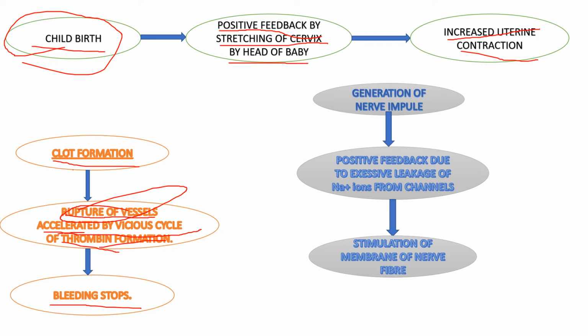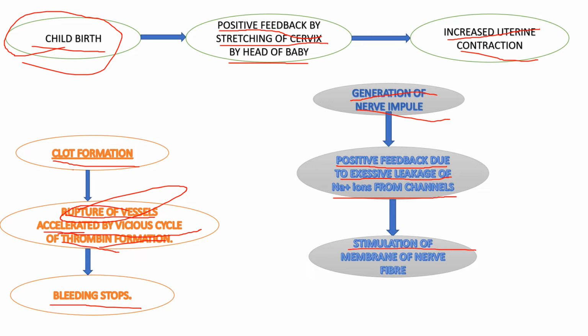Now we come to the next and the last example of this, that is the generation of nerve impulse. So how are nerve impulses generated? First of all, the positive feedback due to excessive leakage of sodium ions from channels. What will happen?